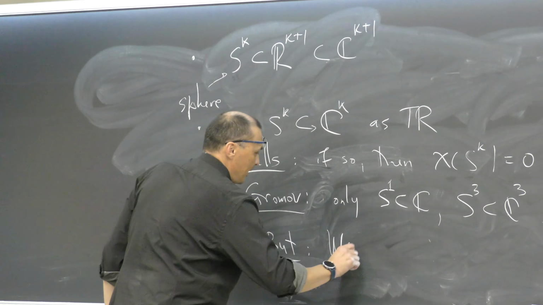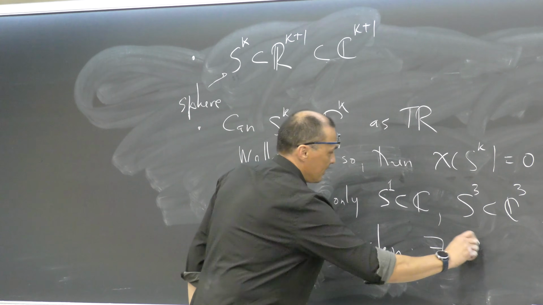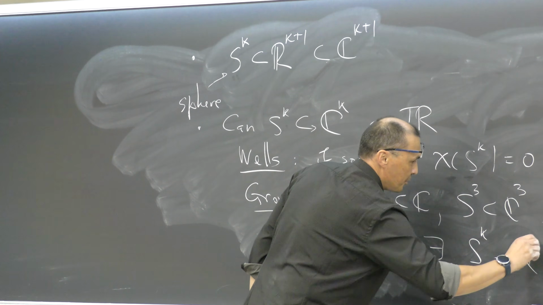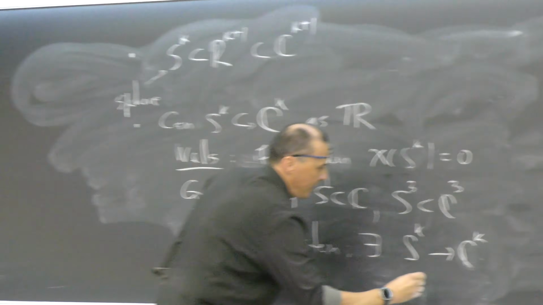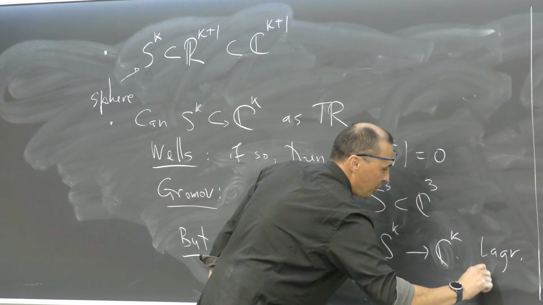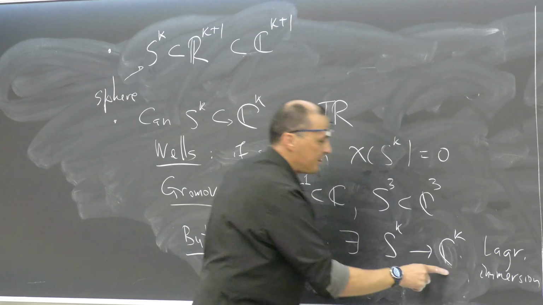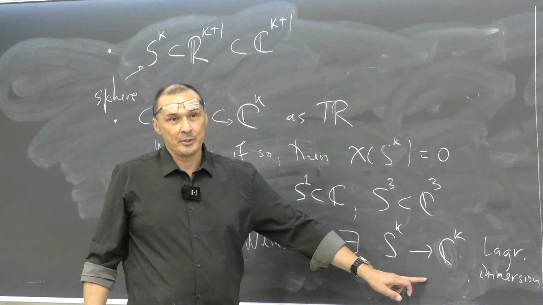So Weinstein has immersions into C^k, and it's a Lagrangian immersion with the standard symplectic structure on C^k. And these Lagrangian immersions are in particular totally real.